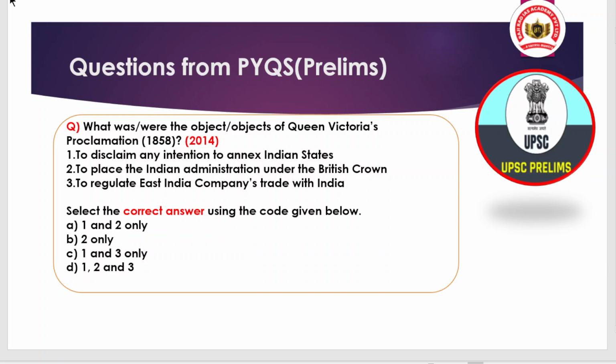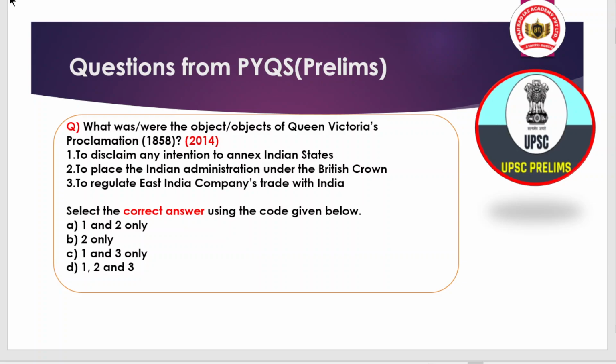So you have to choose the correct statement. Okay, I am providing you some hint. First of all, after the 1857 revolt, the East India Company was completely ended. Okay, so after this, you should answer the question, and if you are able to answer it, well and good. And if you are not, then definitely don't worry. We are providing you the solution in the last session of the discussion.